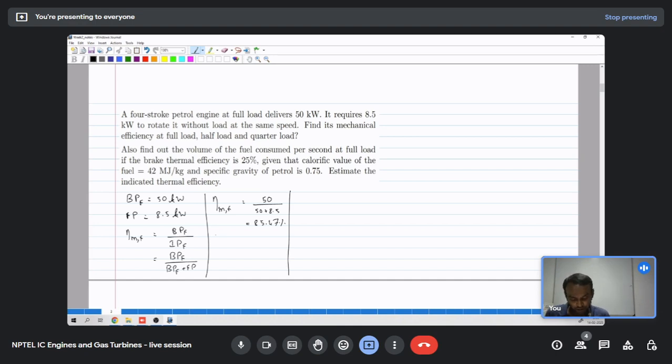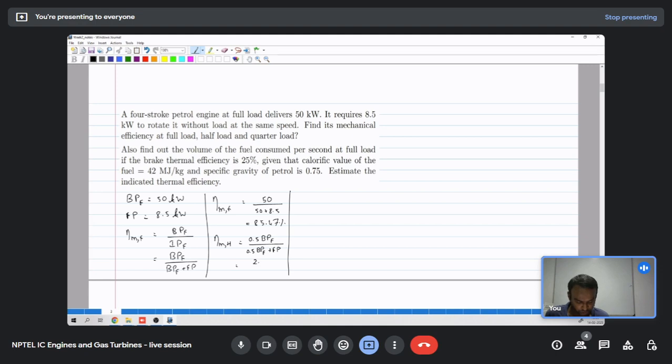Now if you calculate mechanical efficiency at half load, I write it as H. This we have 0.5 of brake power at full load divided by 0.5 brake power at full load plus friction power.